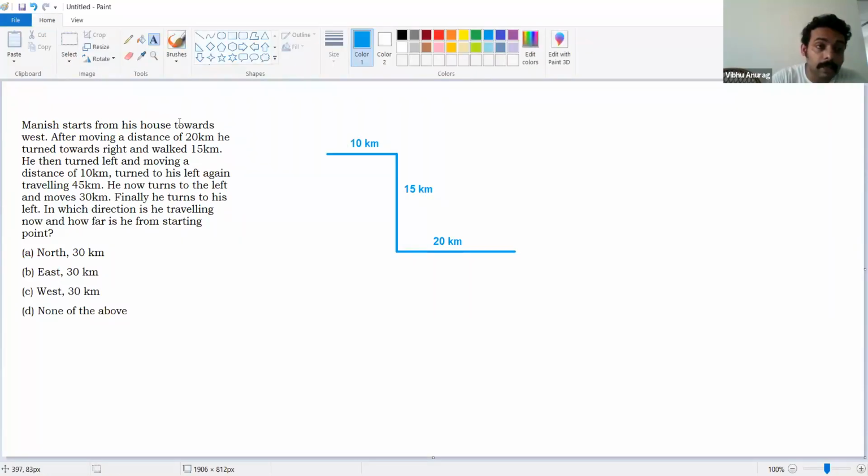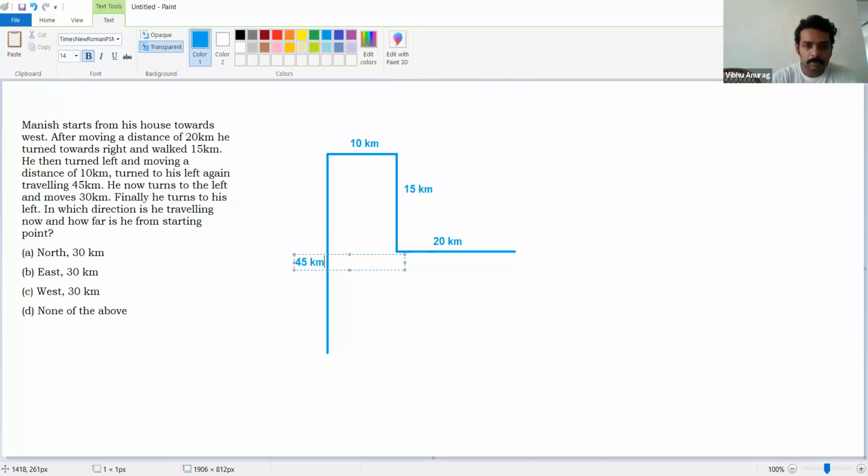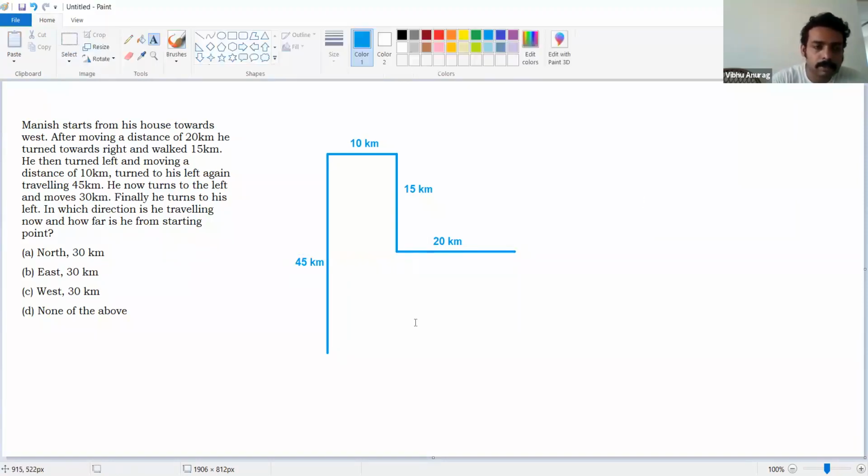Then turn to his left again and travel 45 kilometers. So I will turn to the left again. And travel for 45 kilometers. And now I turn to the left again and move 30 kilometers. Now I'm walking downwards.